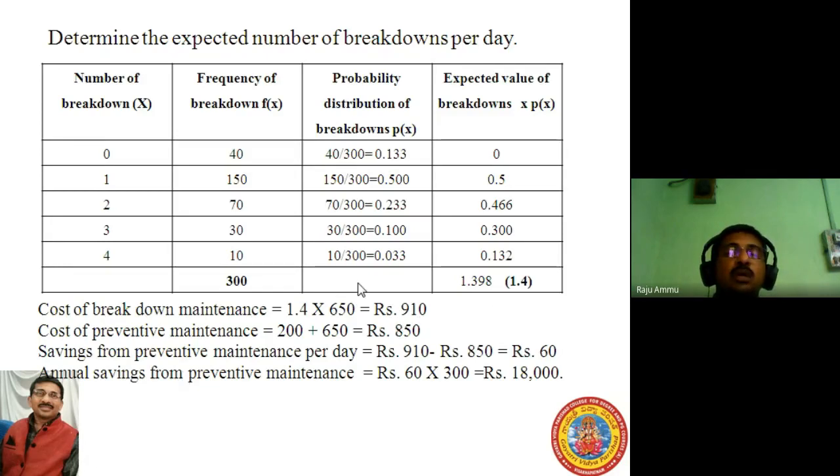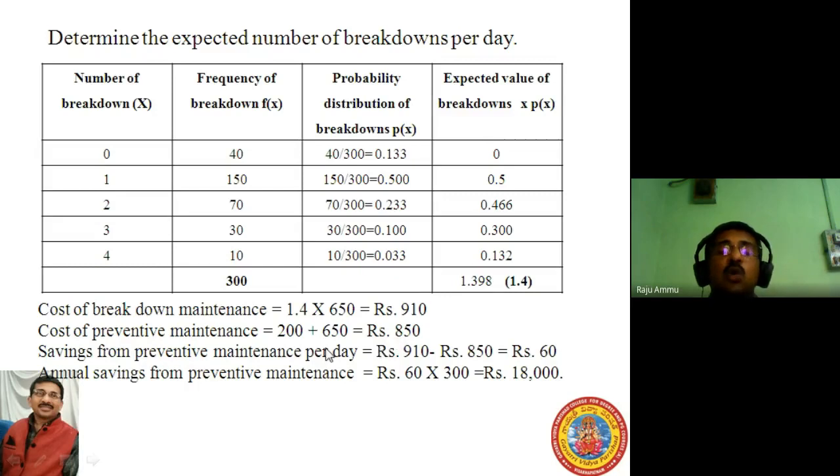Okay, friends. So the cost of preventive maintenance, he already told you that is 200, plus if there is one breakdown in a day, 650. So 200 plus 650, you need to add this, so that you will get 850, isn't it?